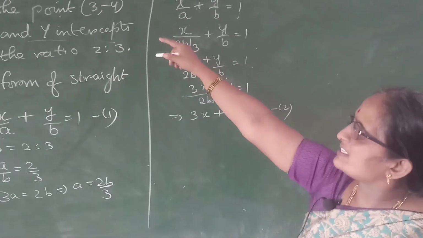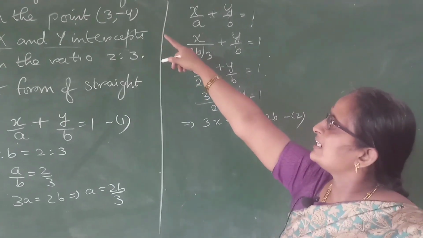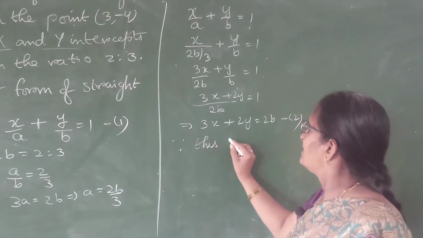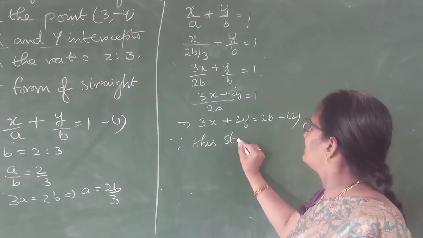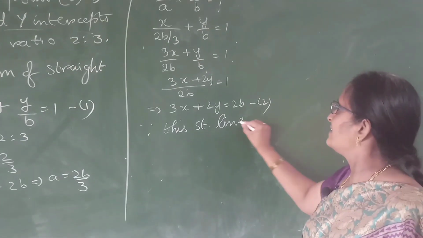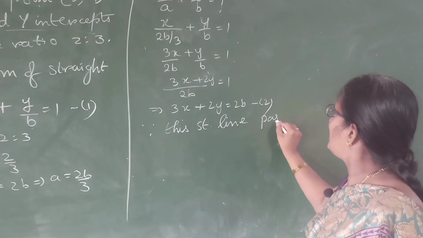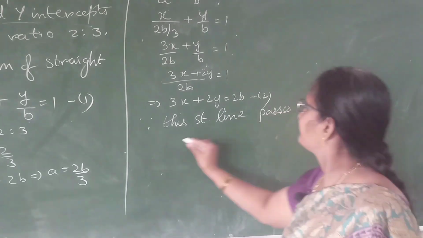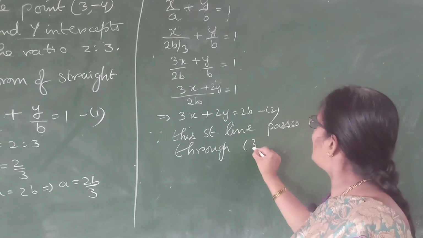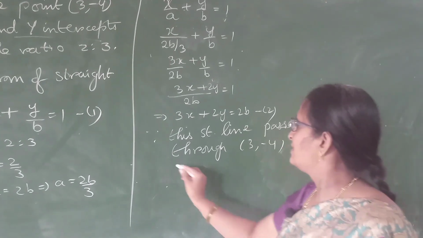Now, what is the point it is given? 3, -4. Since this straight line, I am writing ST means straight line, this straight line passes through 3, -4.